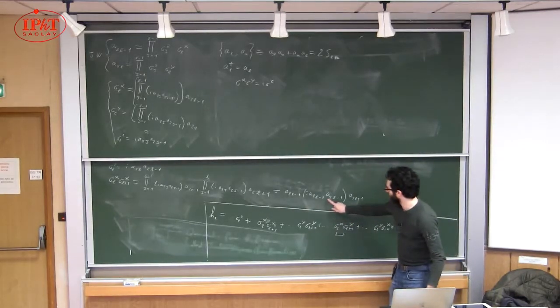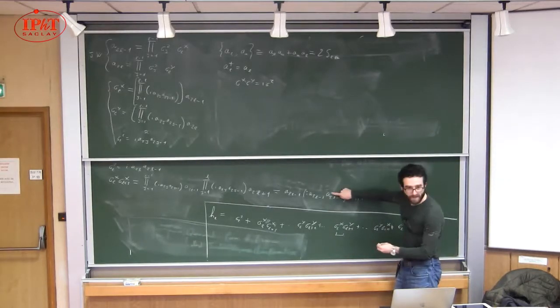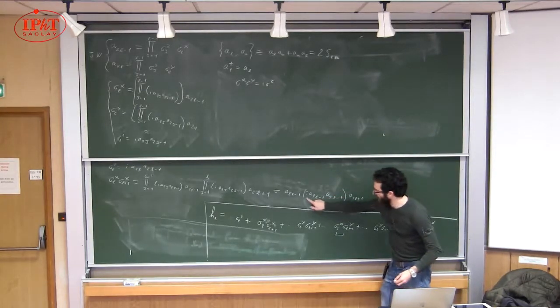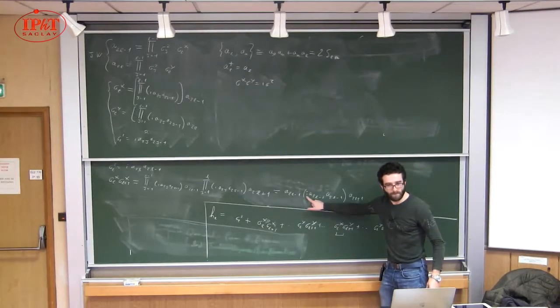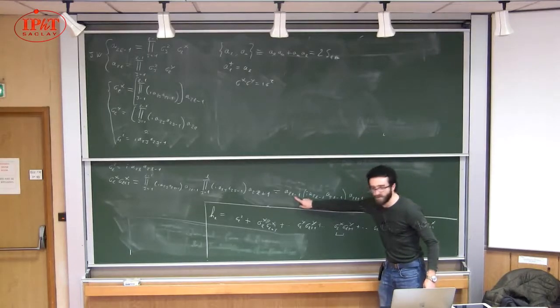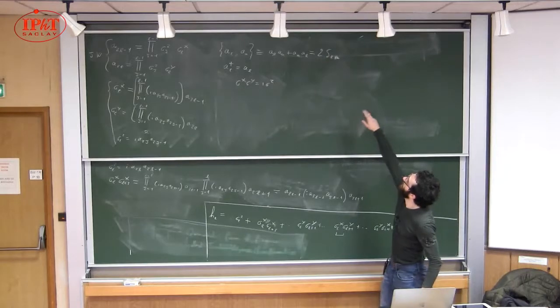Now you see that this Majorana fermion anti-commutes with this because it's different. So it takes a minus sign when you move here. But when you move here, it simplifies this other a_{2l-1}, because we know that a squared is equal to 1.